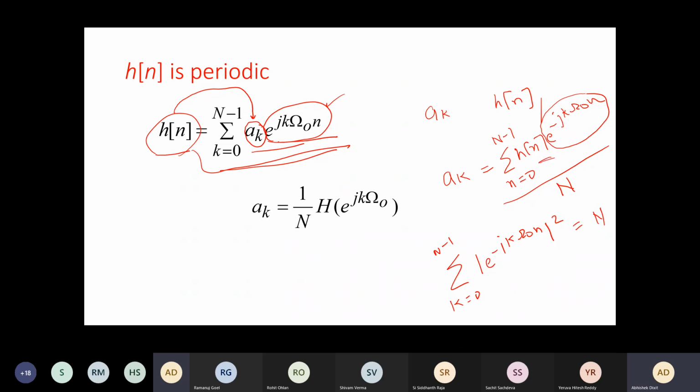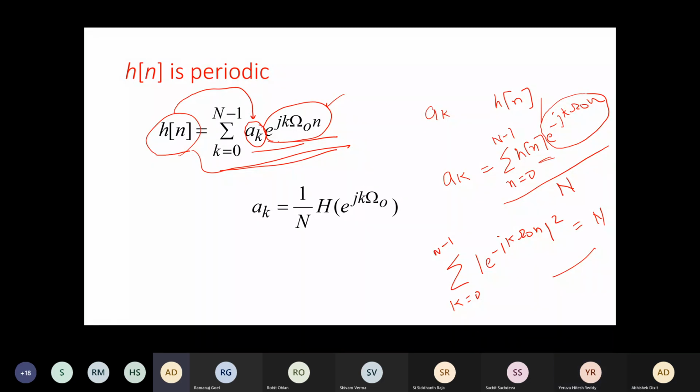Because Hn is periodic, I only need to consider one period, and then I divide this with the energy of this basis in a period. Energy of this basis in a period is N. Use this expression. So we can simply get AKs.